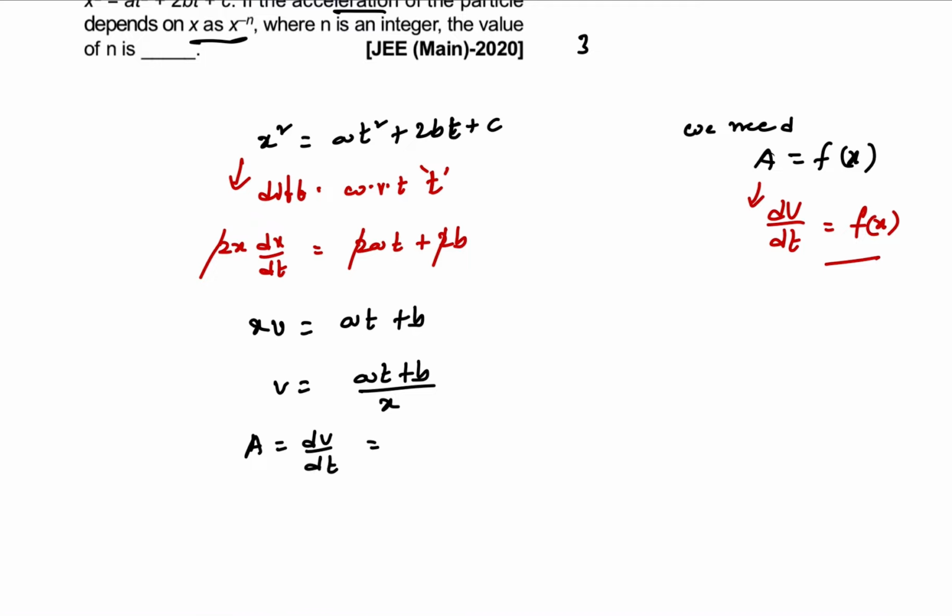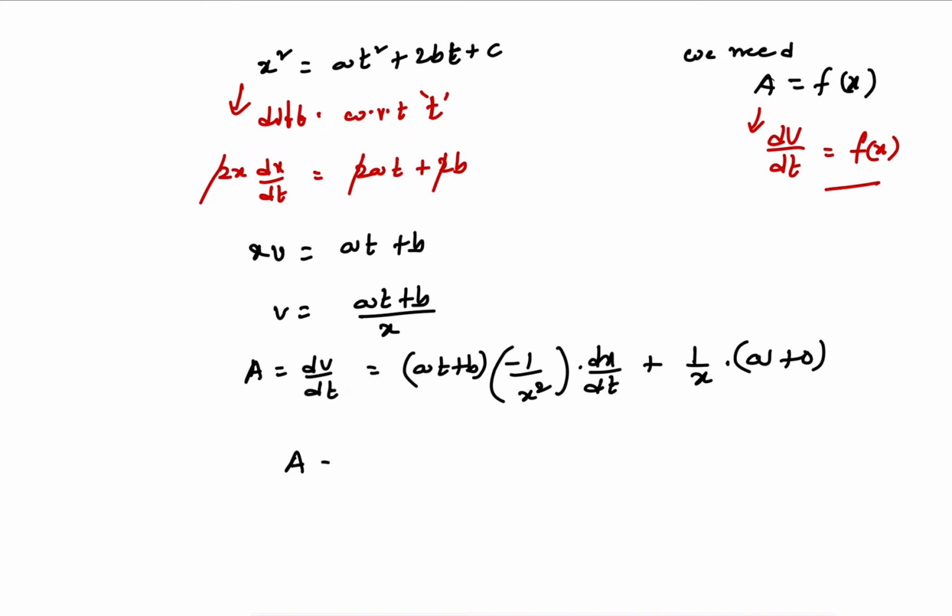Now I want acceleration a is equal to dv by dt, so differentiate this. I am writing (at plus b) times the differentiation of 1 by x, which is minus 1 by x square into dx by dt, plus again (at plus b) times, keeping 1 by x there only, the derivative of (at plus b), which is a. Now you can get the acceleration a is equal to minus (at plus b).